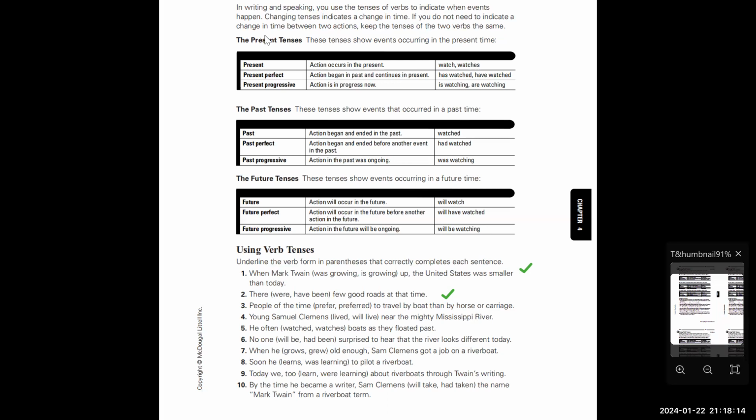Okay, what do you think? "Lived," I think, or "will be"? "Will live"? Okay, your answer is "will live." Why? Because you have the word "mighty," right?